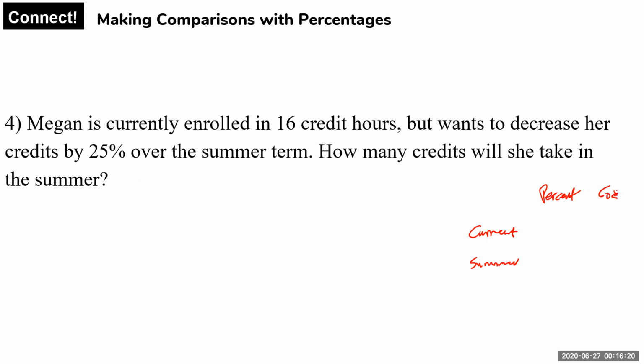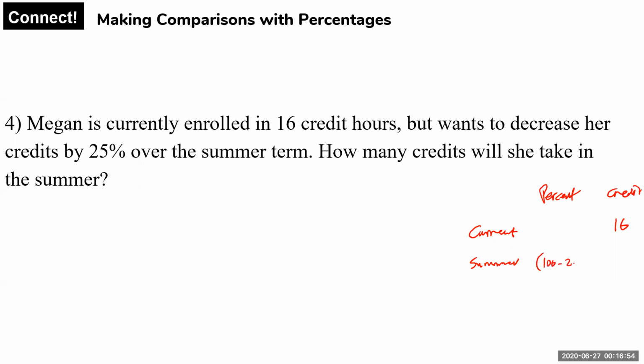Actually, we're doing credit. So let me put credit right there. She wants to decrease her credit by 25%. So currently enrolled in 16, but she wants to decrease in the summer. She wants to decrease that by 25%.